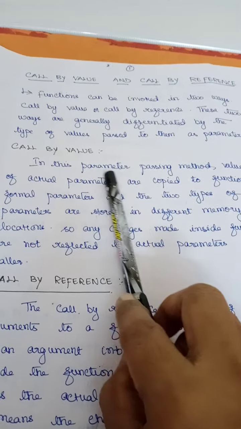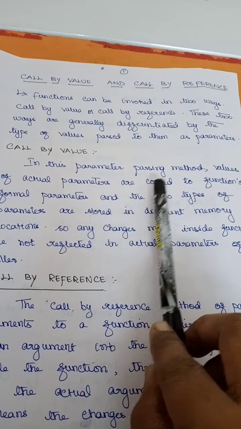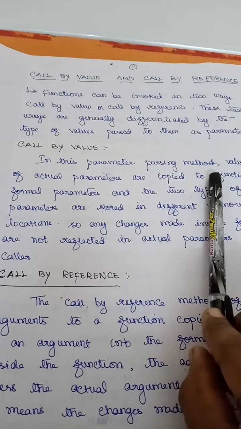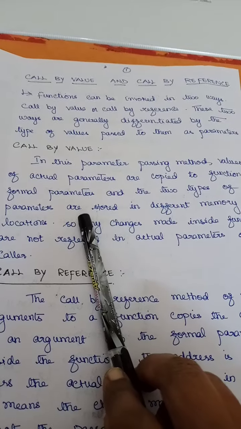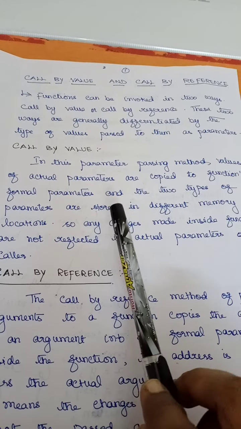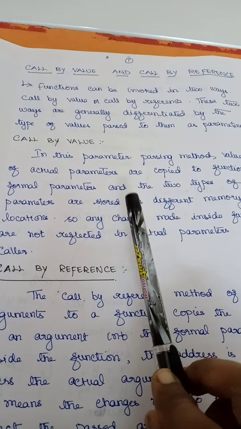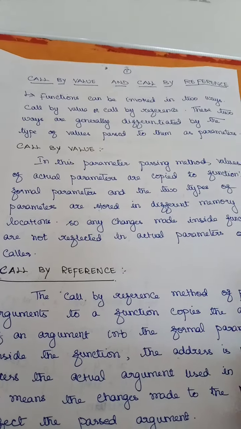In this parameter passing method, values of the actual parameters are copied to the function's formal parameters, and the actual parameters and the formal parameters are stored in different memory locations. So any change you make inside the function will not be reflected in the actual parameters in main.